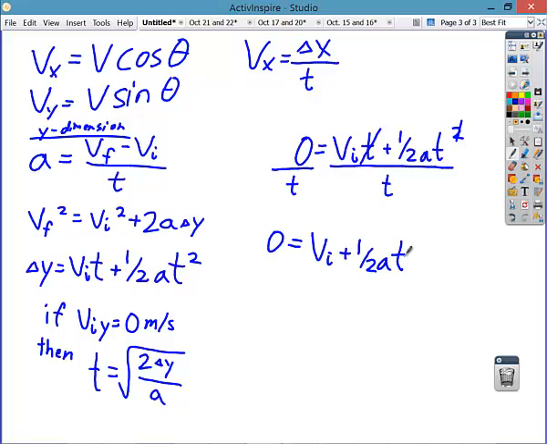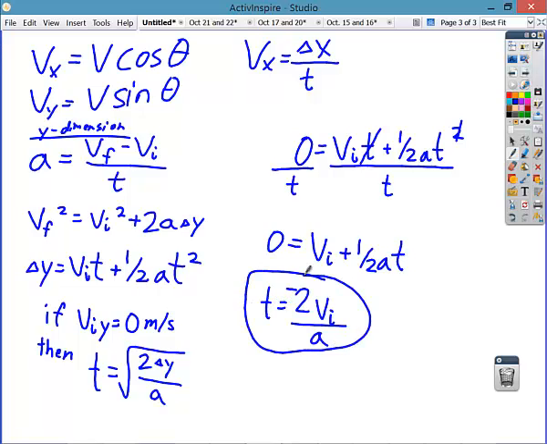So, if I solve for time, then what you're going to do is subtract VI, and then multiply by 2 and divide by A. So you end up with T is equal to, this is another equation that we can use, guys.